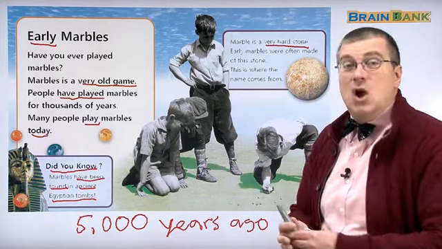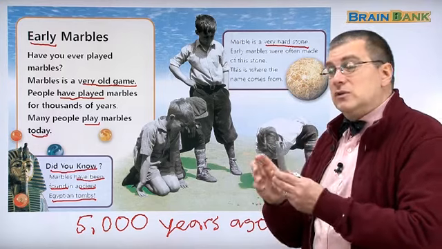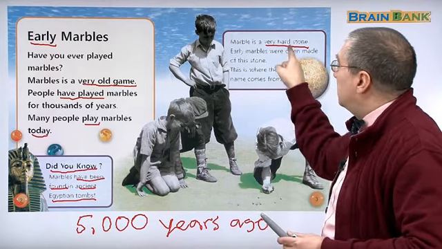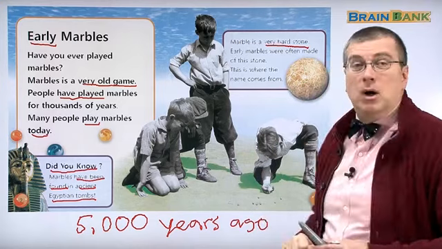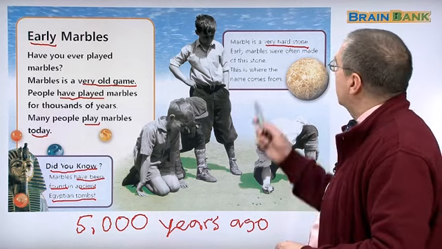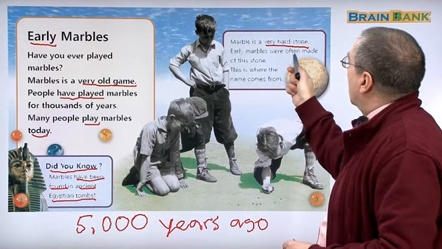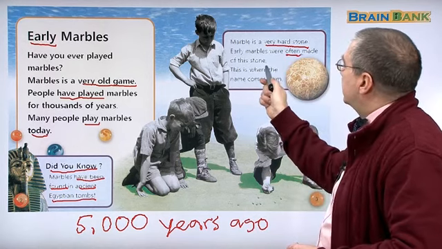And this is a stone that is used, and these were used to make marbles. That's where the name comes from. So marble is a small toy, but it's also a type of stone. Early marbles were often made of this stone.